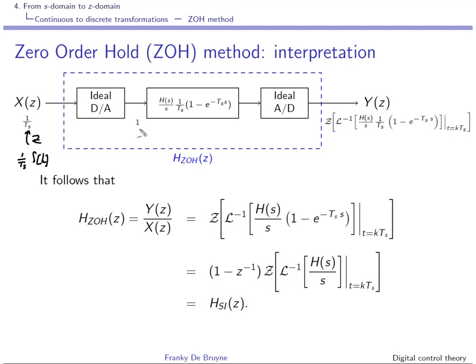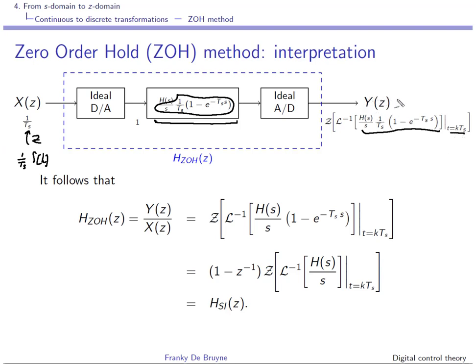So its Laplace transform is 1, and you can model the whole chain, analog to digital followed by digital to analog conversion, by this transfer function over here. That multiplies the transfer function of the actual system. So if you assume analog to digital conversion, the discrete time signal that will come out is really the inverse Laplace transform of this quantity here, evaluated at t equal to kTs.